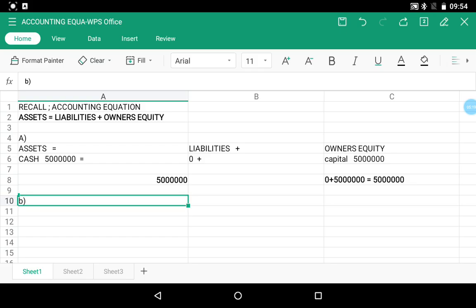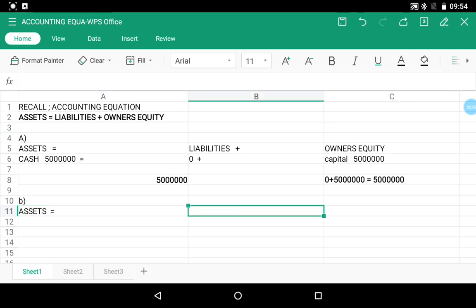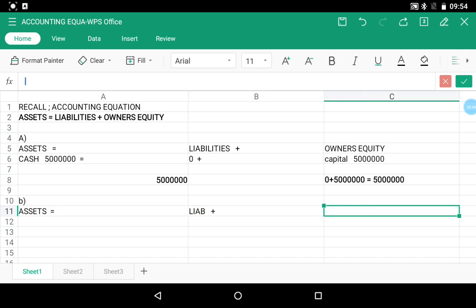It means under here, as we have said, for every transaction you first restate our accounting equation, which is assets is equal to liabilities plus owners equity.